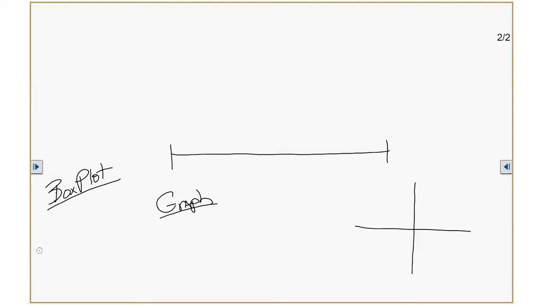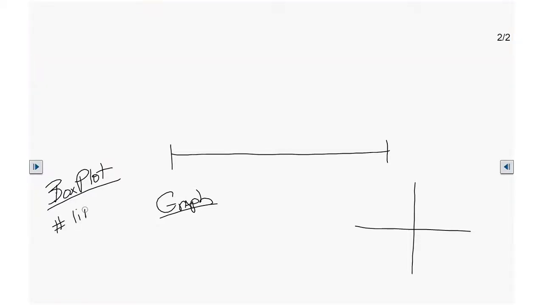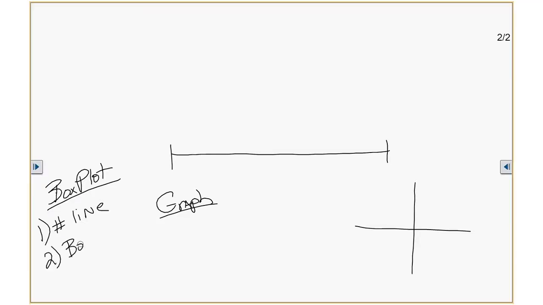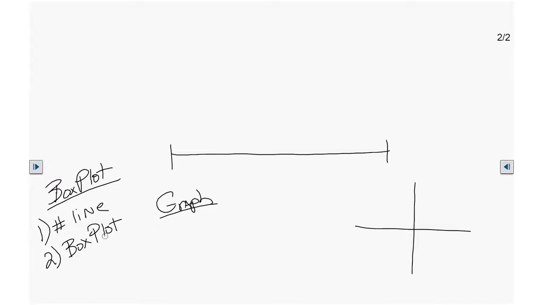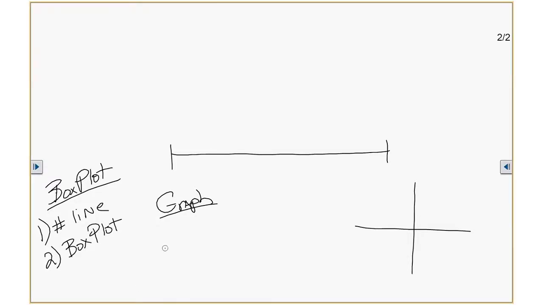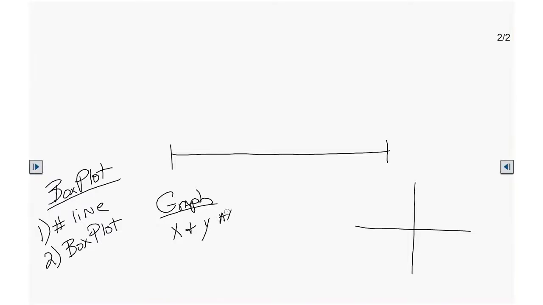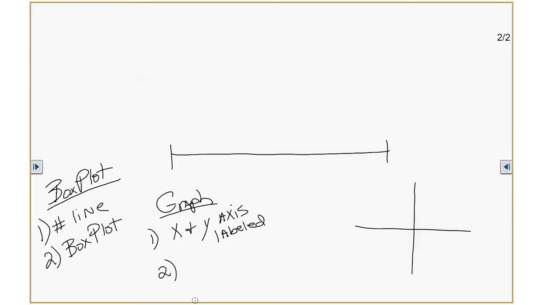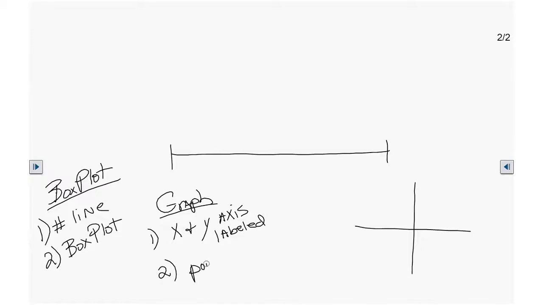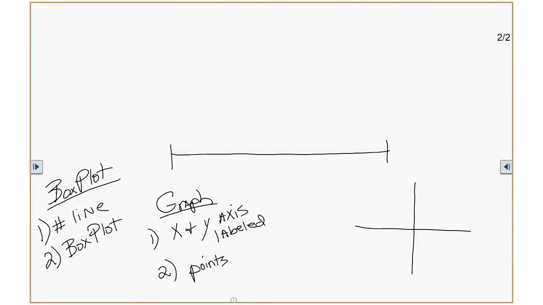The box plot, you've got to have a number line. With the graph, you've got to have X and Y axis labeled. And then you can draw what? Your points.